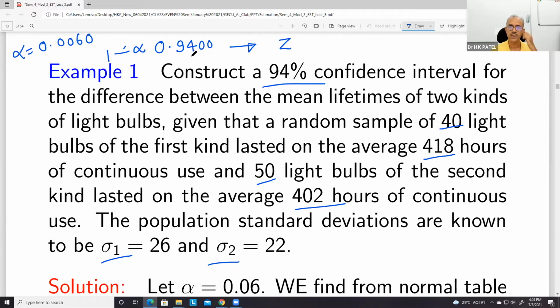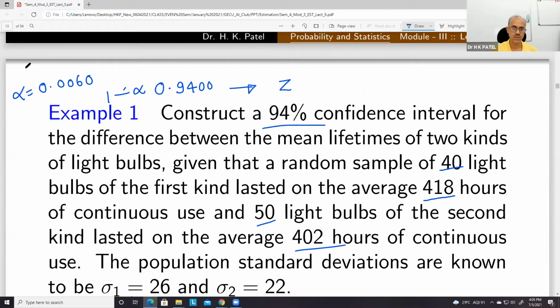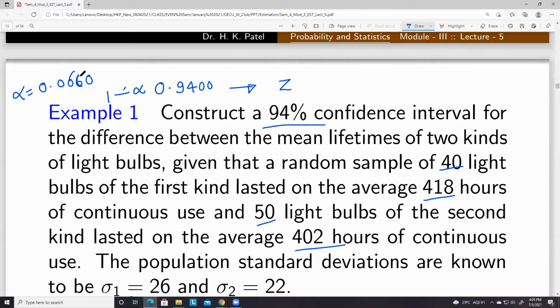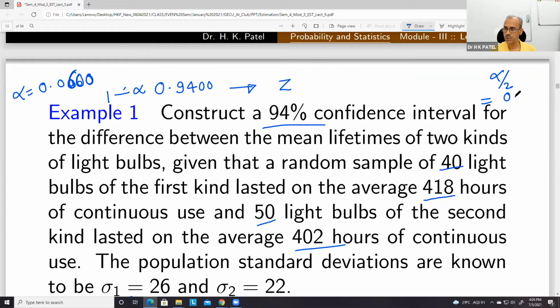So if you add that, you get 0.06. So alpha by 2 will be equal to 0.0300.